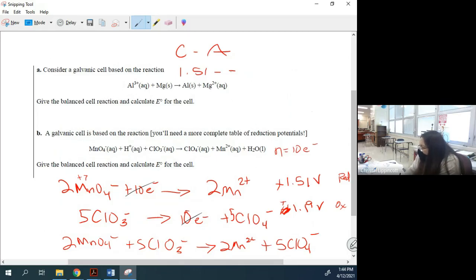So minus a positive 1.19. Thank you, that's what I did wrong. If we subtract that out, we get 0.32 volts. These reactions will run if you end up with a positive voltage here. If you end up with a negative voltage, then it's not going to run.